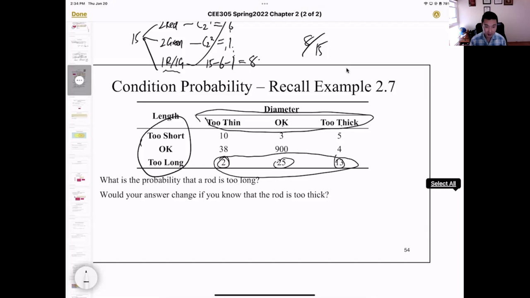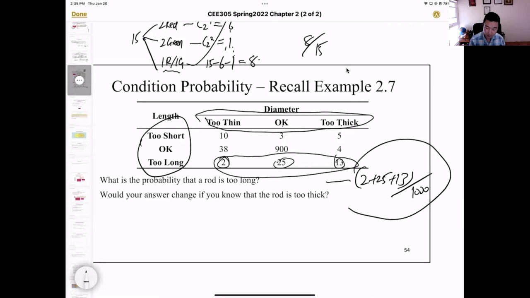So what is the probability that the rod is too long? We add the numbers together, 2 plus 25 plus 13, divided by the total number of rods, which is 1,000. So the probability that a randomly chosen rod is too long will be this.